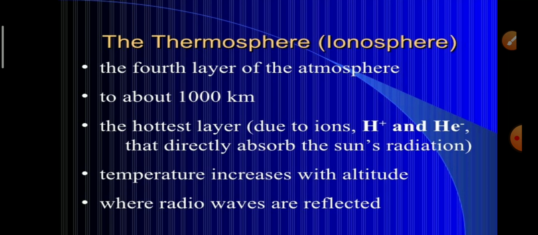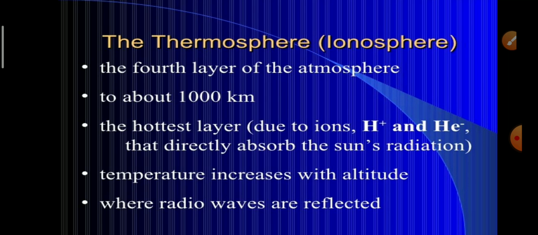Now thermosphere. The thermosphere lies above the mesosphere and below the exosphere, and this is the fourth layer of atmosphere. It is about 100 kilometer, and the lower part of this layer is also known as ionosphere due to maximum concentration of electrically charged particles known as ions, which reflect radio waves back to the earth, enabling wireless communication.